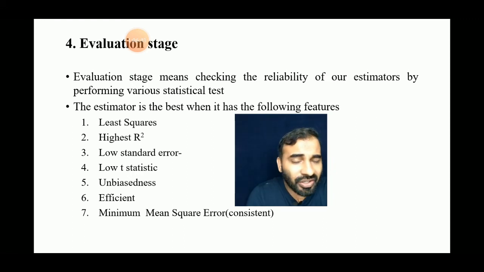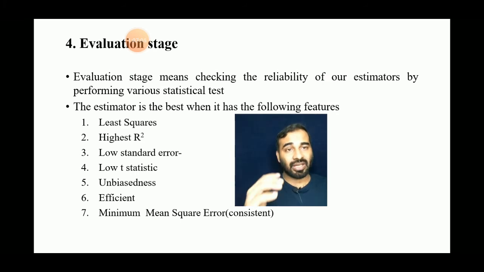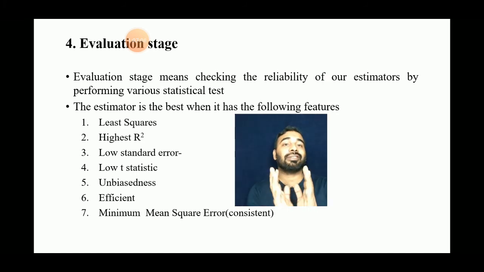We need to do certain precision or reliability tests, and if all the tests say that your result is fine, then only we can move on. Or sometimes you may have got this MPC and alpha because of some measurement error or sampling error. So all that we have to check. So this is the evaluation stage. After the estimation stage, we have to go to evaluation.